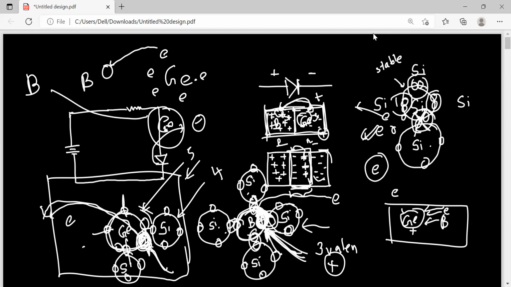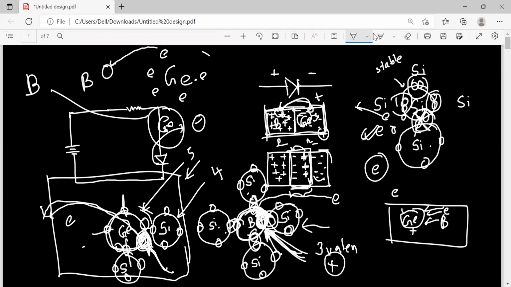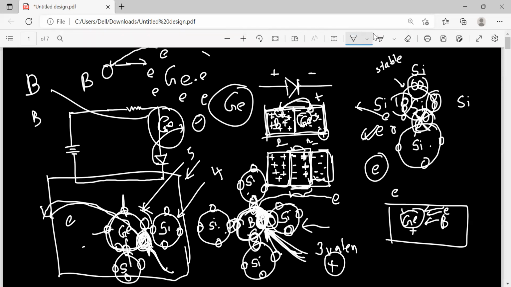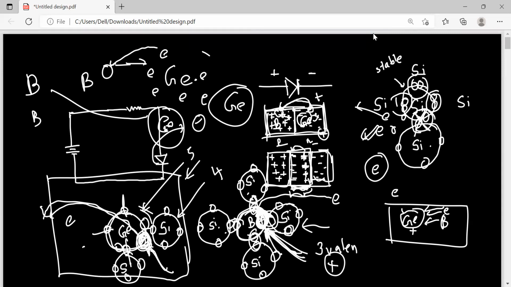If it's going to happen again and again, they already know that you are not going to give back their pen. So they will resist giving their electron. So there will be a depletion region, so that other friends of the germanium won't give a pen to the boron again. So there will be plus again and minus on this side. But here some electrons will try to merge. So this is known as the depletion region.